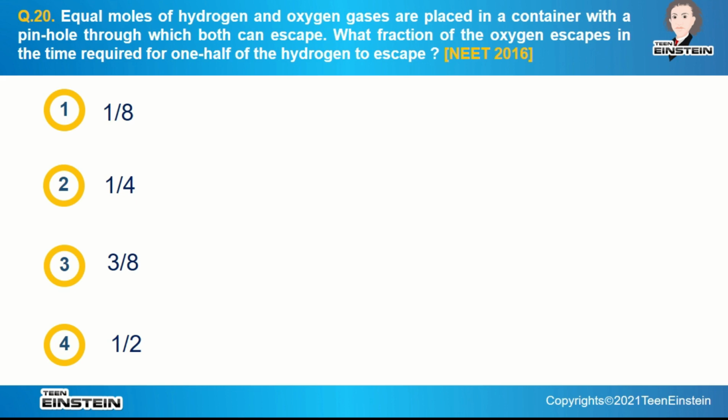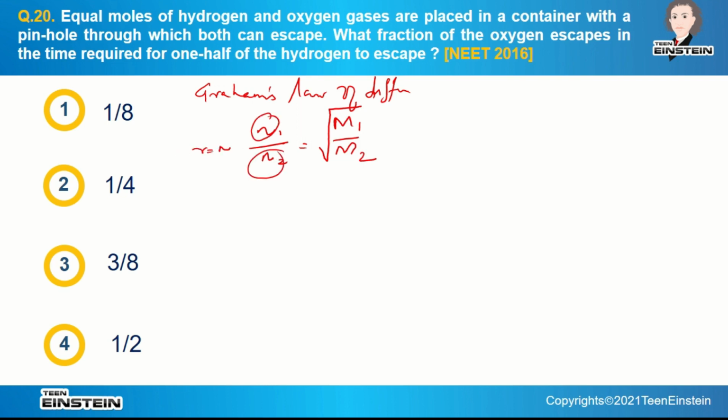So as we learn in the concept, that is Graham's law of diffusion, the equation is r1 divided by r2 is equal to root of m1 by m2. Here r indicates the rate of diffusion of gas and m indicates the molar mass.